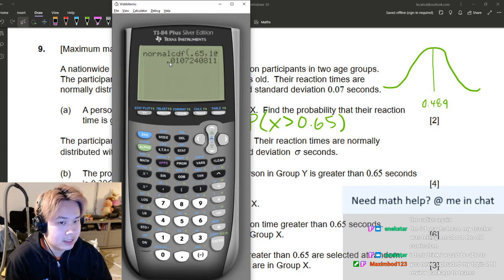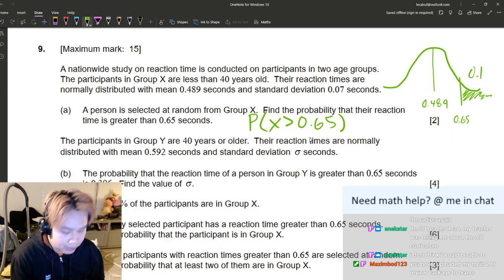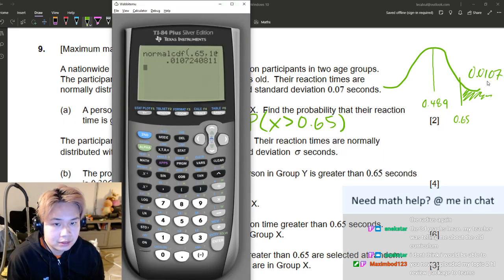So we can calculate it, and there's our probability of having a reaction time faster or slower than this. So this little area over here is 0.107.